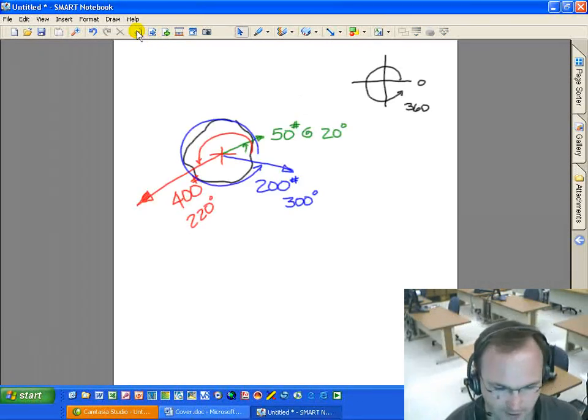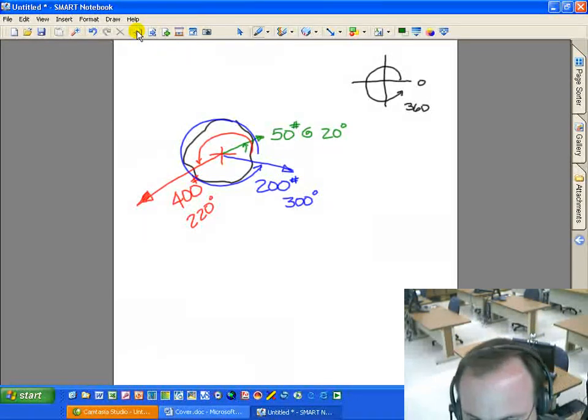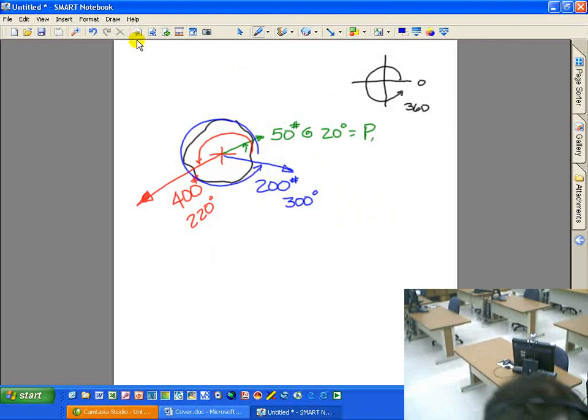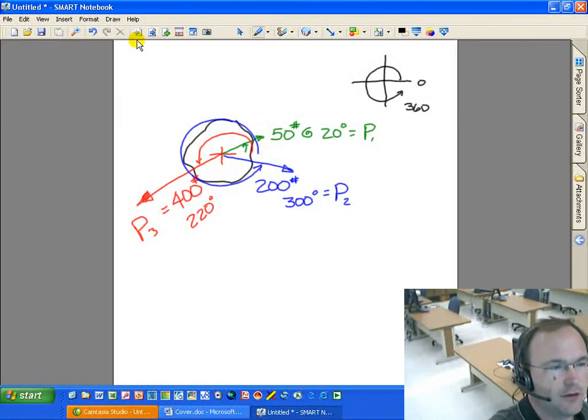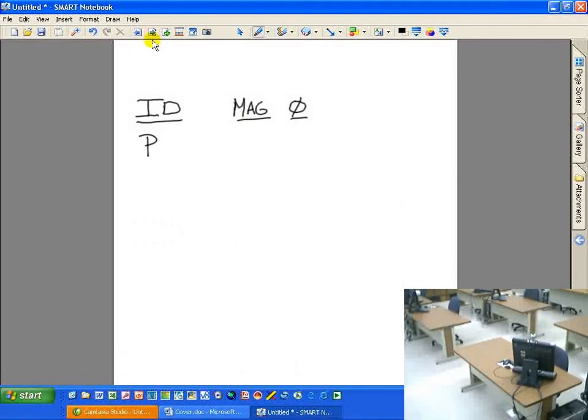We'll call this P1, we'll call this P2, and we'll call this P3. So P1 is 50 at 20 degrees. So P1, magnitude of 50 pounds at 20 degrees.